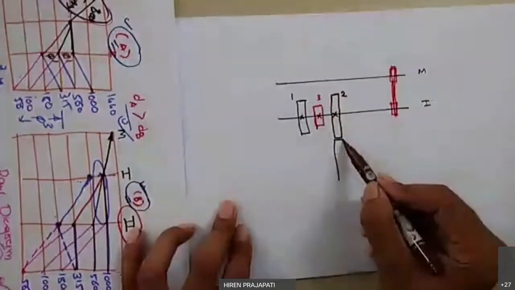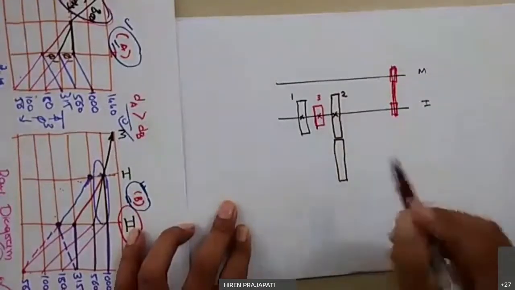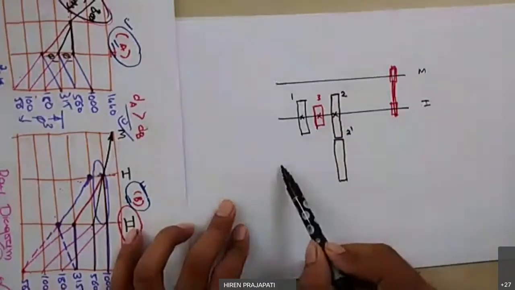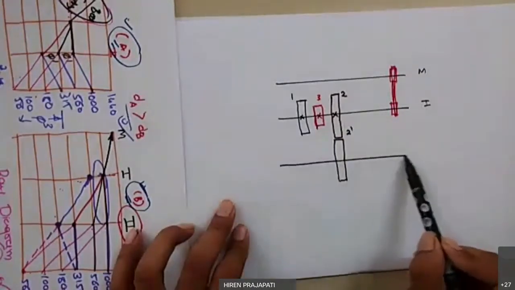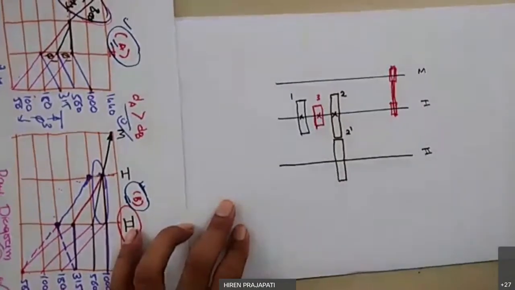That's why I need to consider approximately the same diameter of gear on both the input and output shaft. So that I'm writing here, and this I call shaft 2.